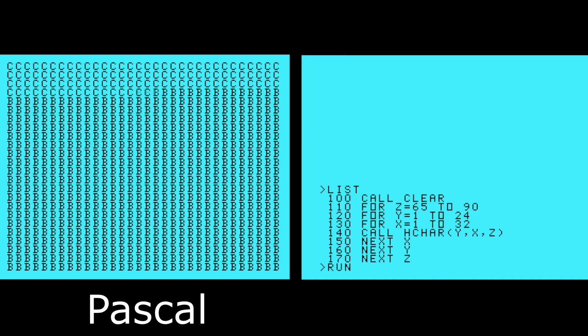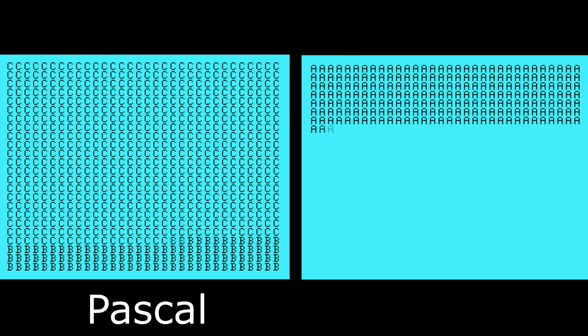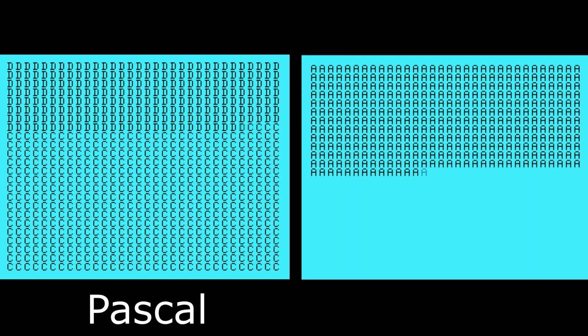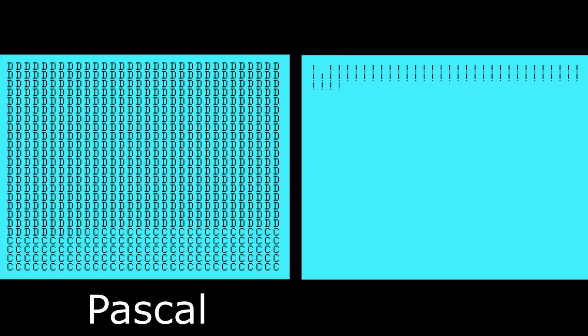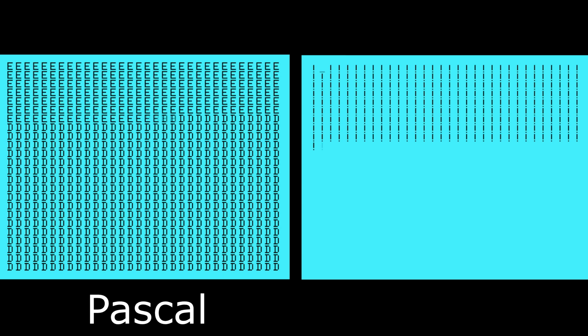Then, compared to an Extended Basic program using XB's faster version of call hchar, still way faster in P-code. Then finally, if we compare it to TI Logo's even better optimized put-tile command, even then, still faster.